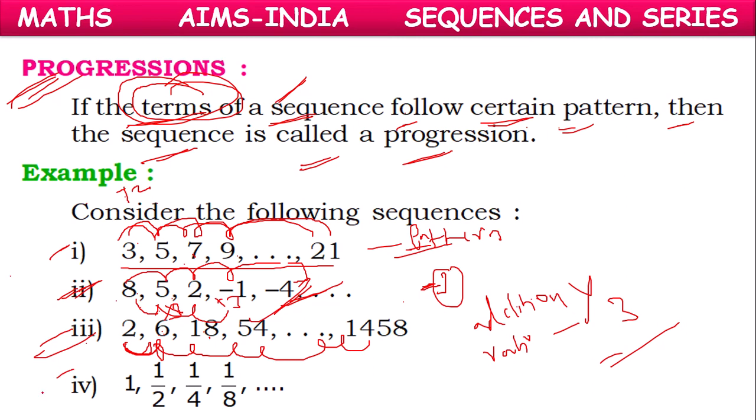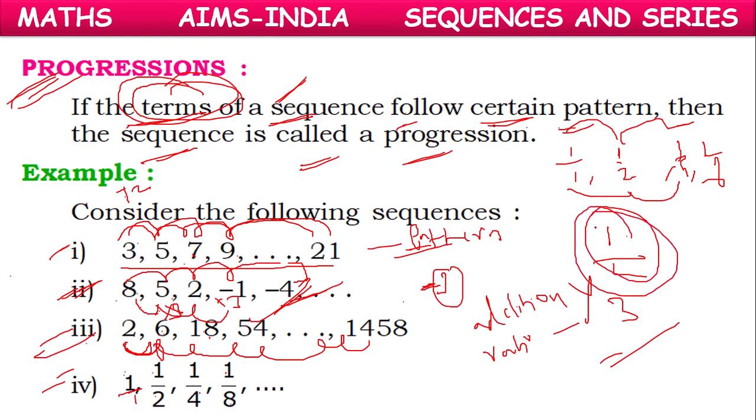If we see the fourth example, we have 1, 1 by 2, 1 by 4, 1 by 8. The first term can also be written as 1 by 1. So 1 by 1, 1 by 2, 1 by 4, 1 by 8. Which pattern are they following? 1 into 1, 1; 1 into 2, 2; 1 into 1, 1; 2 into 2, 4. It means they have a common ratio of 1 by 2.